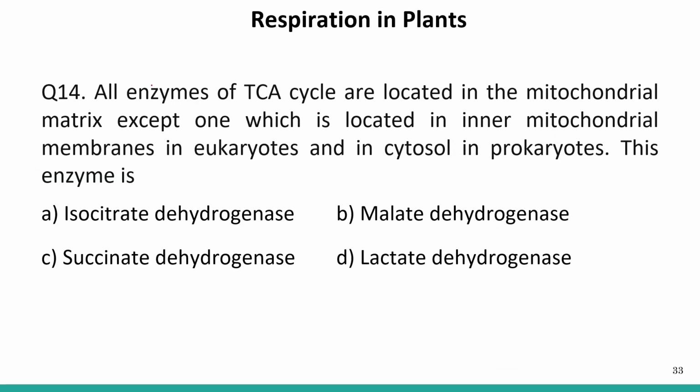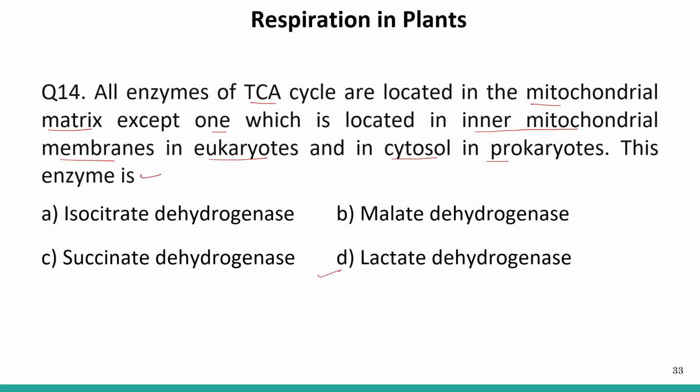The next question is, all enzymes of the TCA cycle are located in the mitochondrial matrix except one, which is located in the inner mitochondrial membrane in eukaryotes and in cytosol in prokaryotes. So we have to name this enzyme.